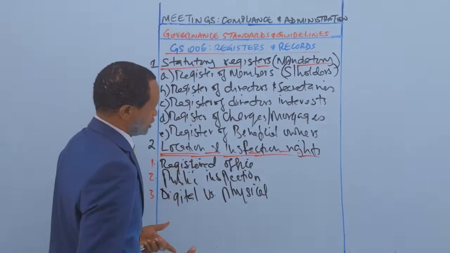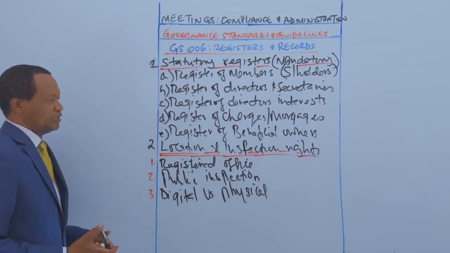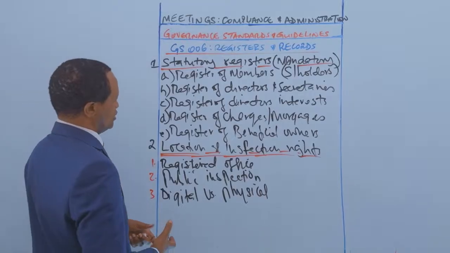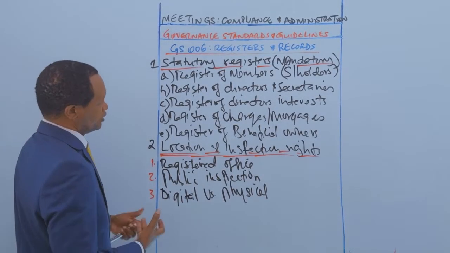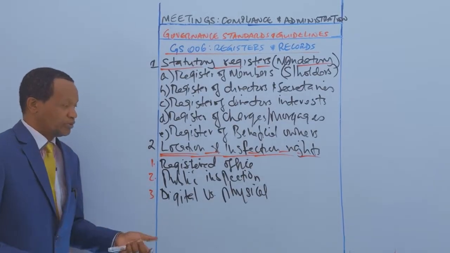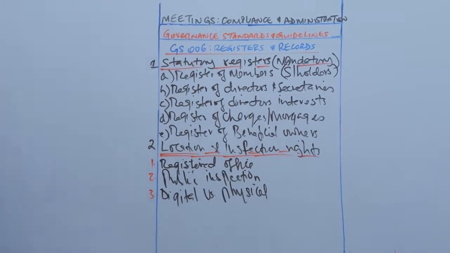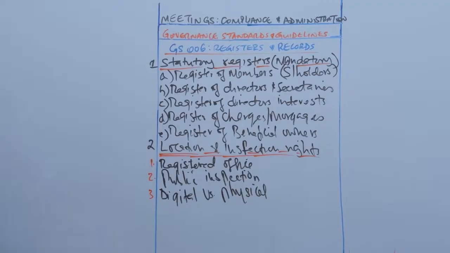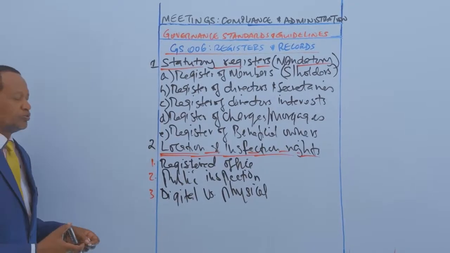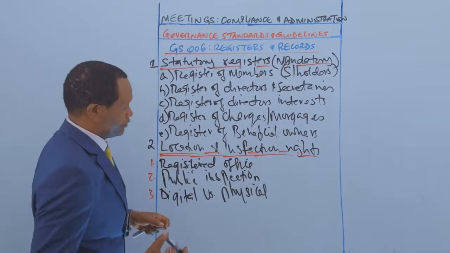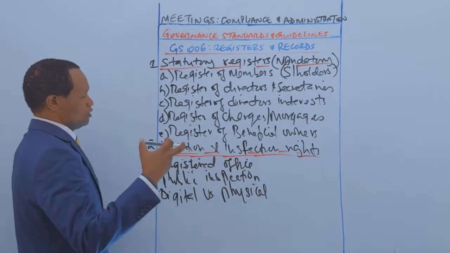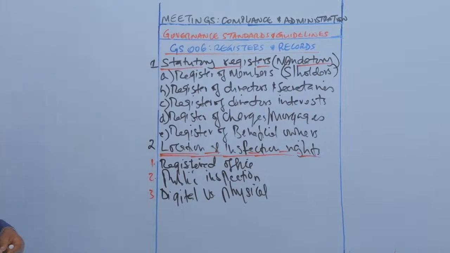So if the records are digitally located, then the records should be printable. The records should be secure, and they are supposed to be backed up. There ought to be a backup for the digital records. You understand? Yes.